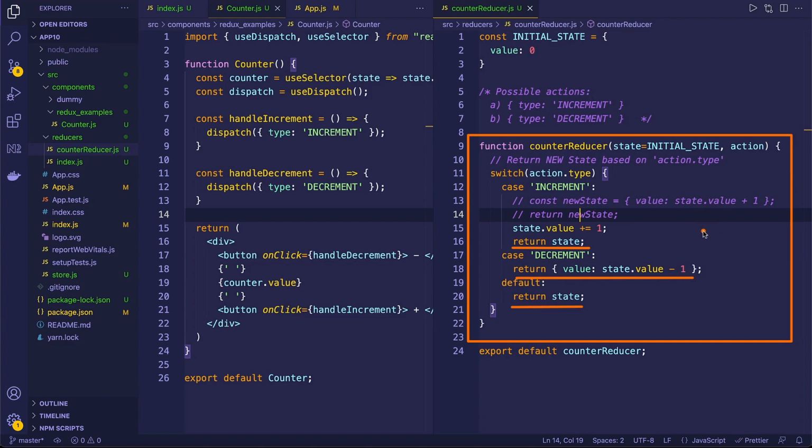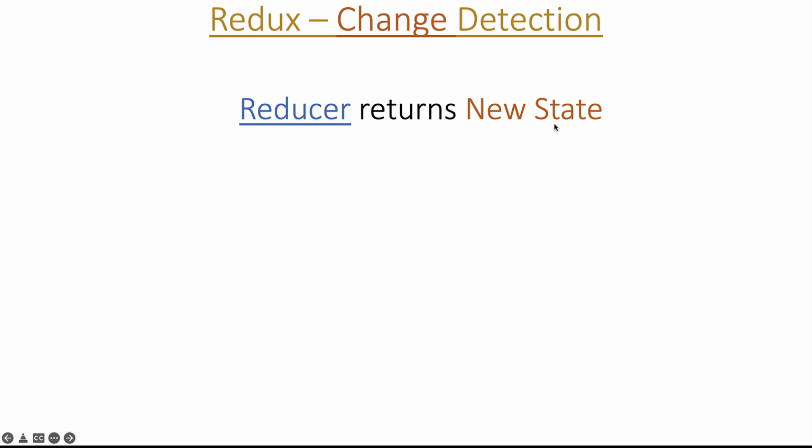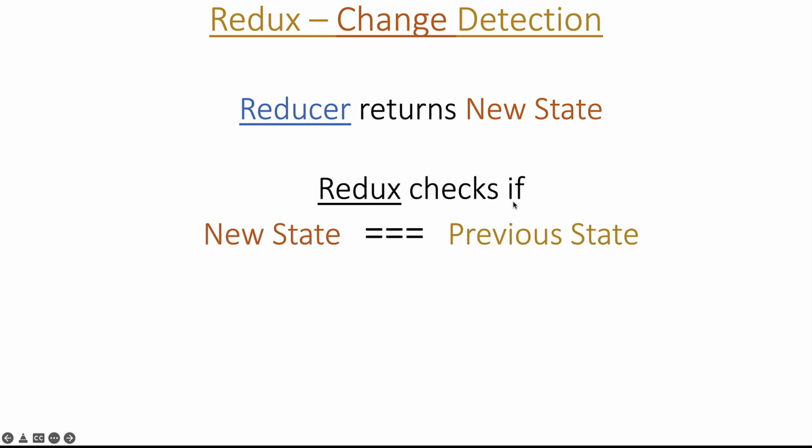So the reducer returns the new state, and Redux checks if the new state is equal to the previous state or not. It does that by using the equality operator over here. Let me mention that quickly once again: the reducer returns the new state, and Redux checks if the new state is equal to the previous state using the equality operator that we have been discussing.